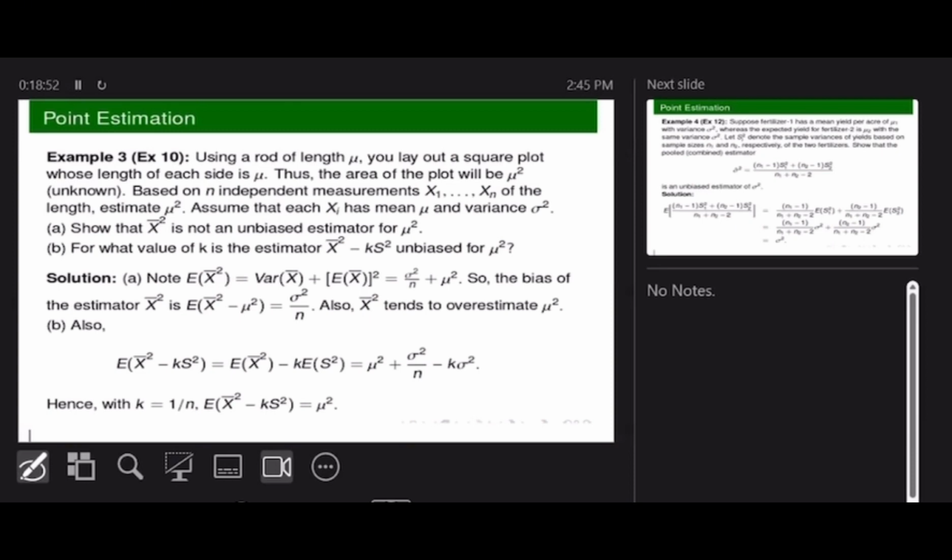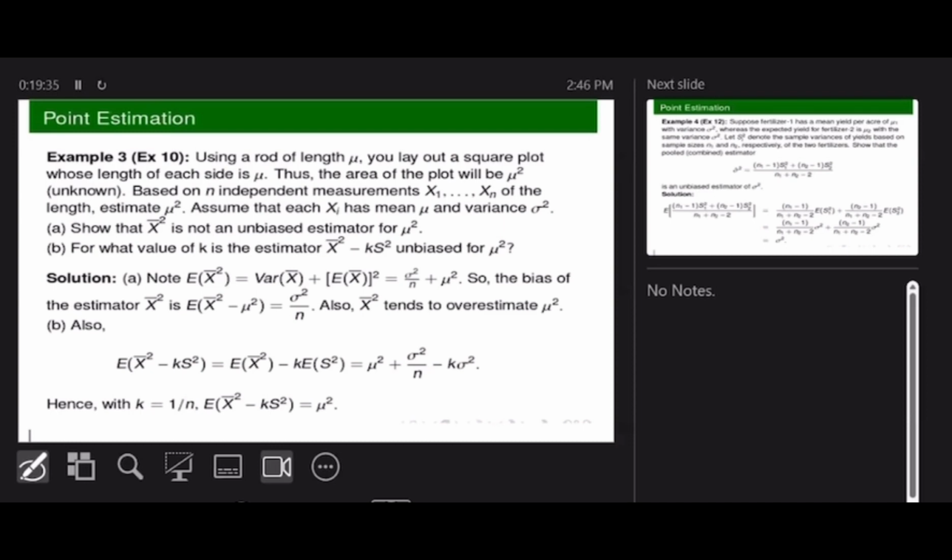When you're talking about area for a square, the width and the length are going to be equal. Now, based on n independent measurements, x1 up to xn of the length, estimate mu squared. Here we're not estimating mu, but mu squared, which is the area. Now, assuming that each Xi has a mean mu and a variance sigma squared, show that x bar squared is not an unbiased estimator of mu squared.